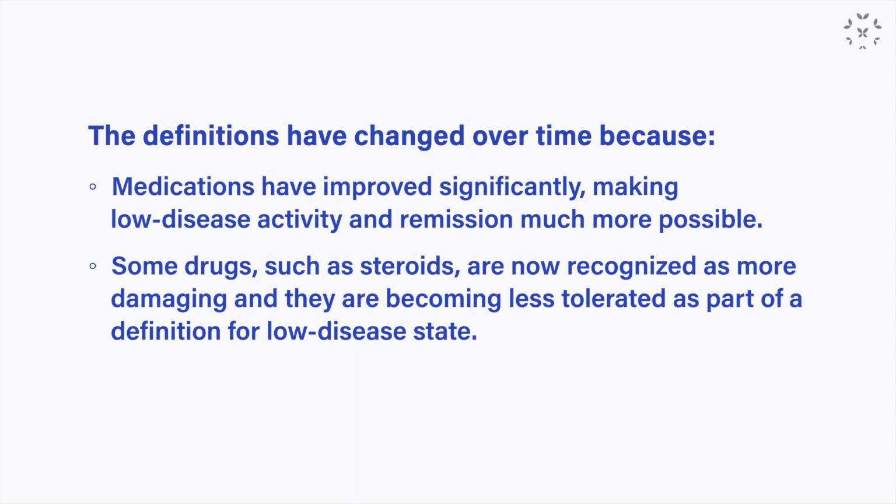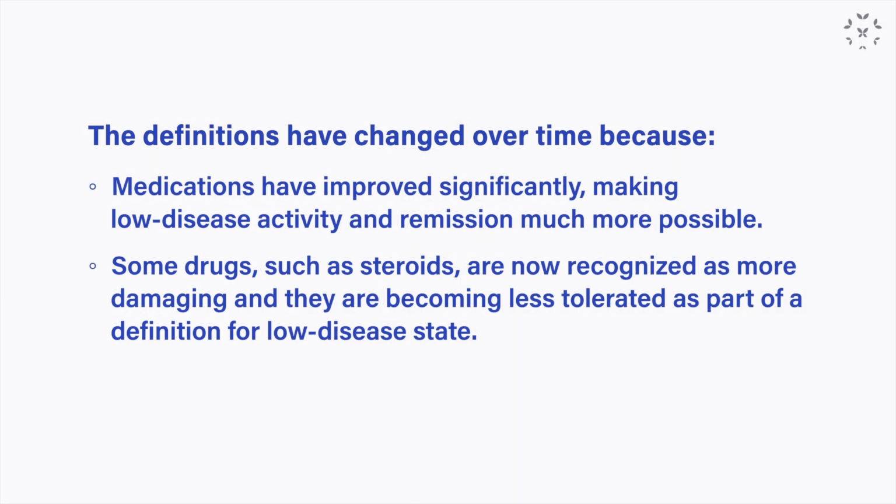And we've also recently had studies showing that a couple of drugs are actually disease-modifying agents for lupus patients. So we're able to get more and more patients into low disease activity and remission. Our definitions are becoming more strict over time because we're having better therapies.